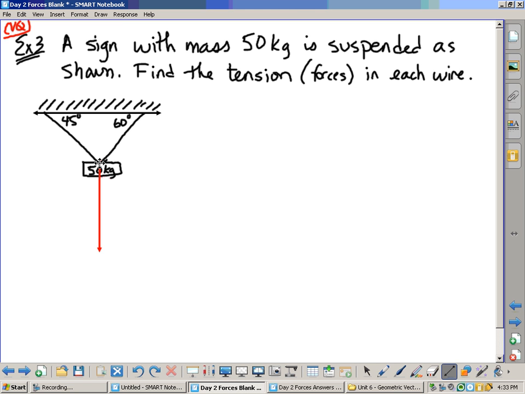There's a quick little way to find that force due to gravity. And for those of you who've taken physics, you probably know this. The force due to gravity can be found by taking the mass times a constant for gravity.